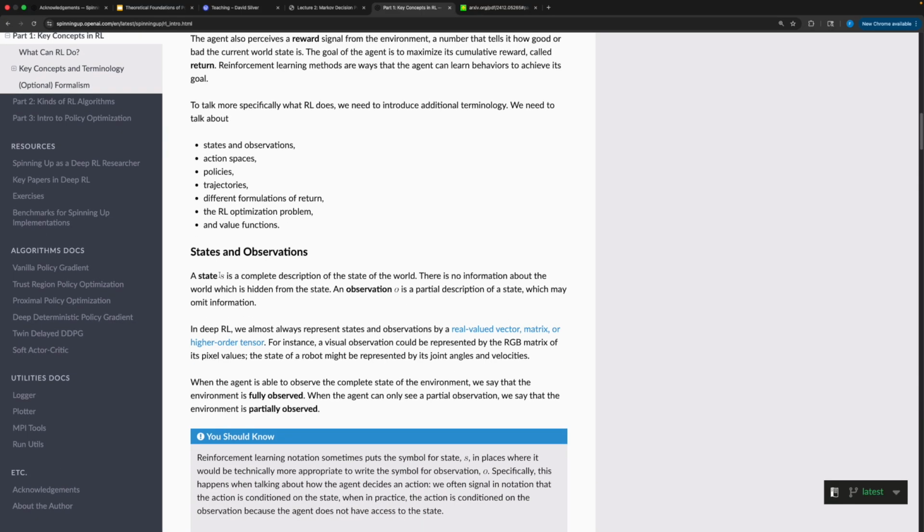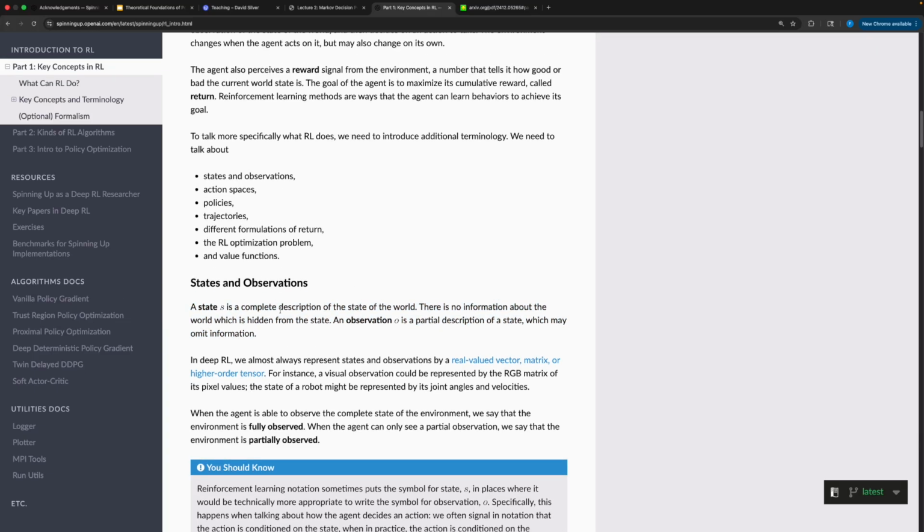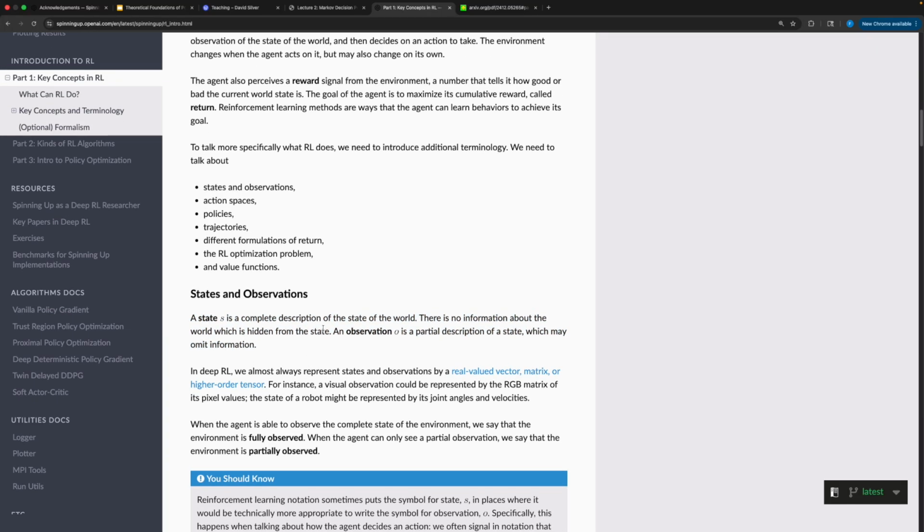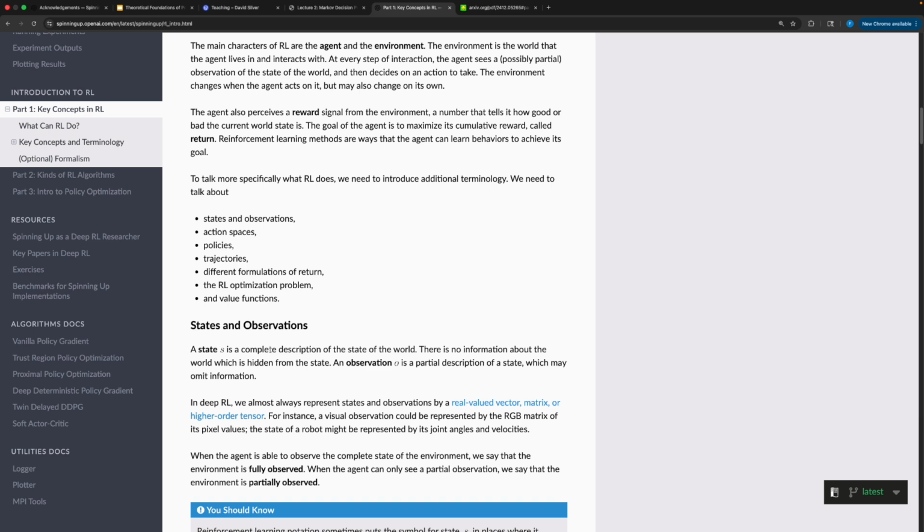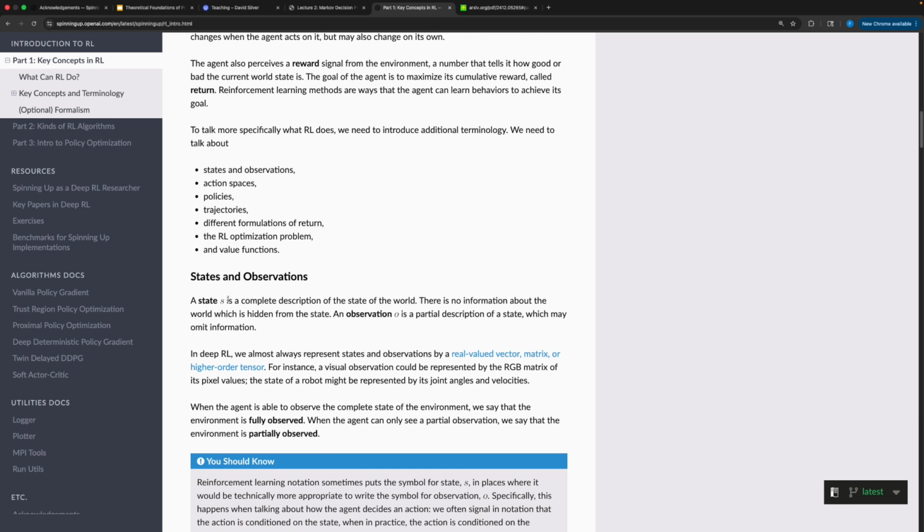So first, let's see what a state is. It's a description of the state of the world, including your environment as well as the agent. Not everything in the environment may be available for the agent to view.